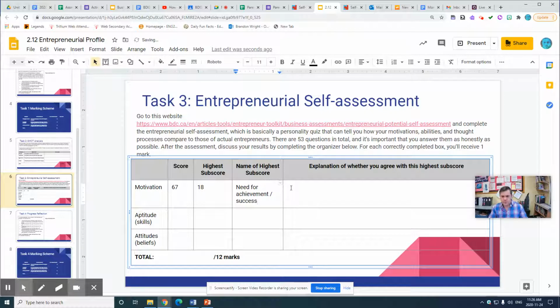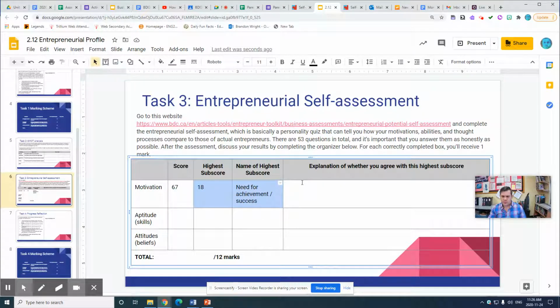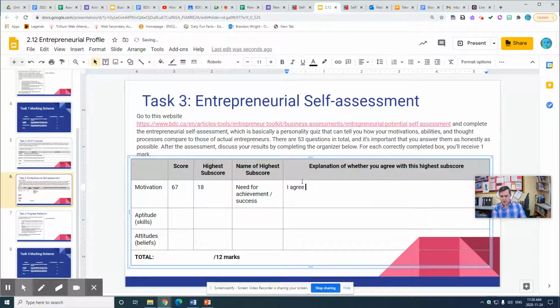Control-Shift-V. And now I'm going to give just a brief 1-sentence explanation as to whether I agree with this highest sub-score. That's need for achievement and success. I agree with this highest sub-score.